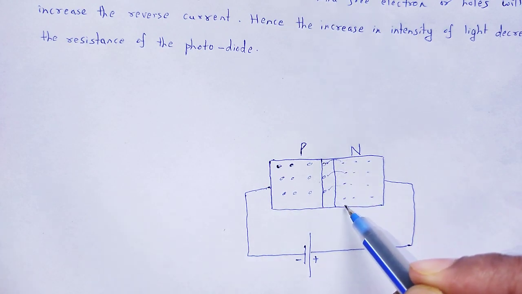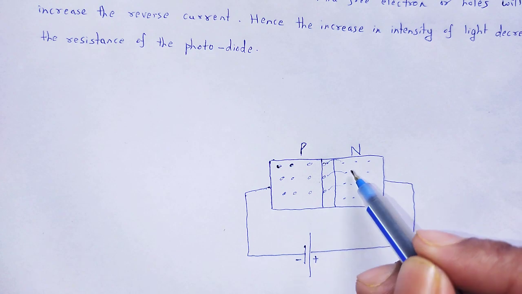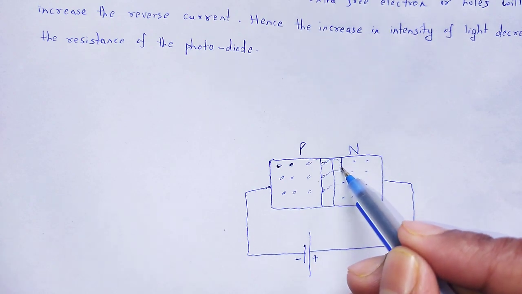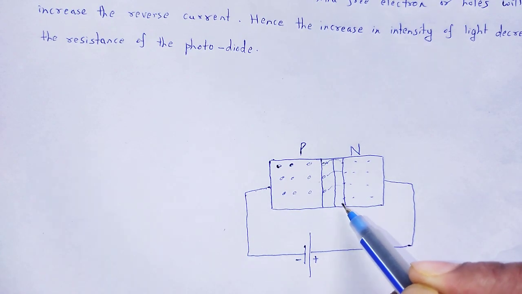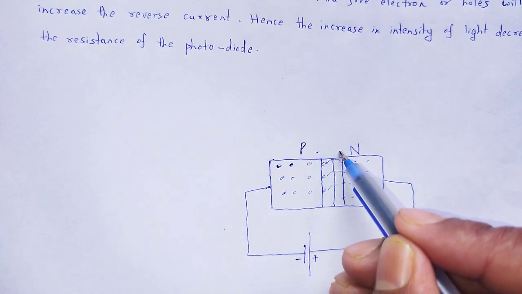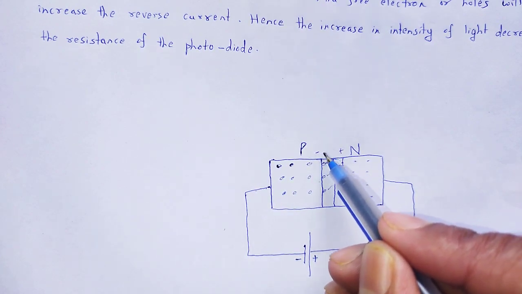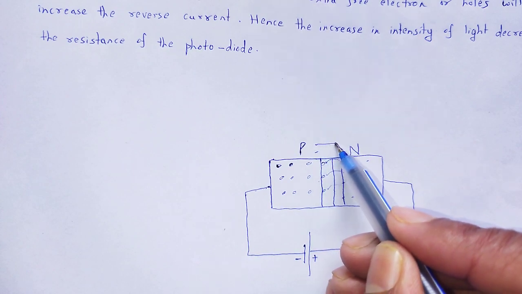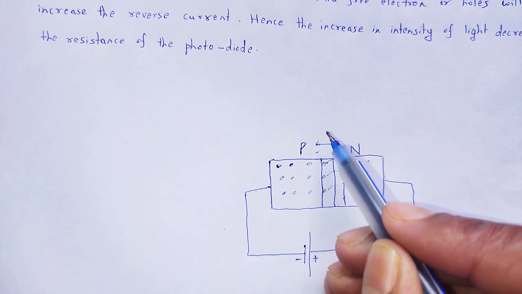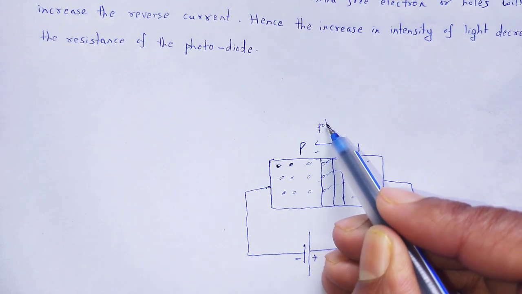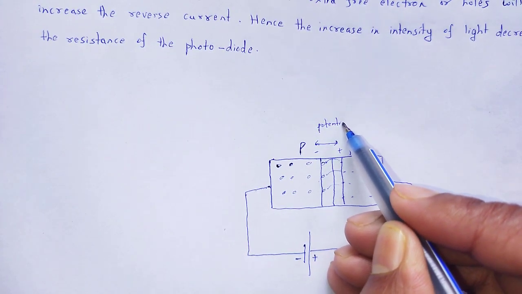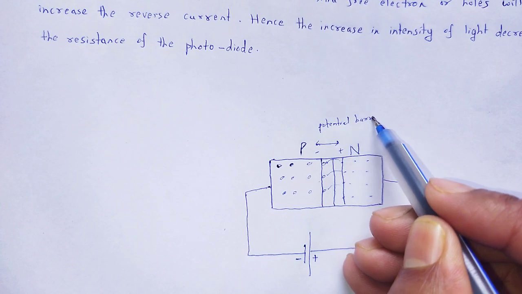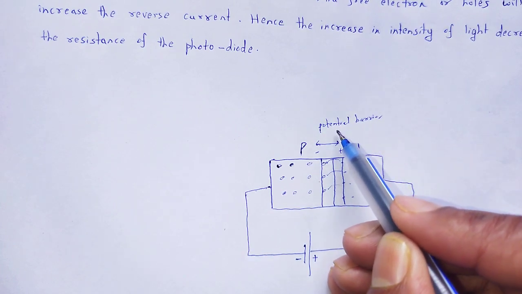As there is a deficiency of free electrons, a positive potential is developed. Negative potential here, positive potential there, that is the potential barrier, V_B.